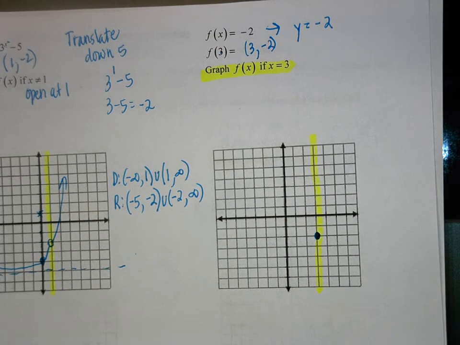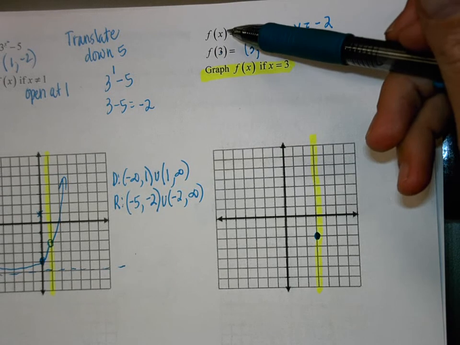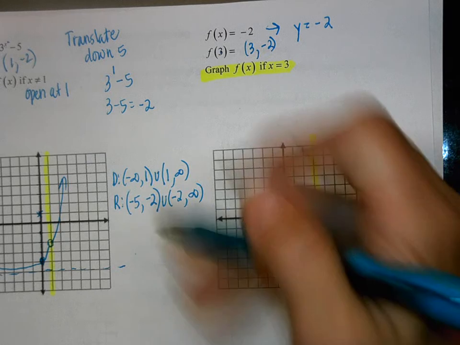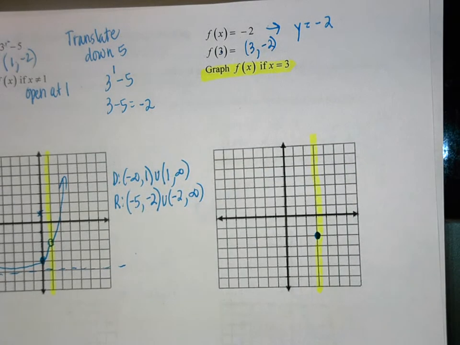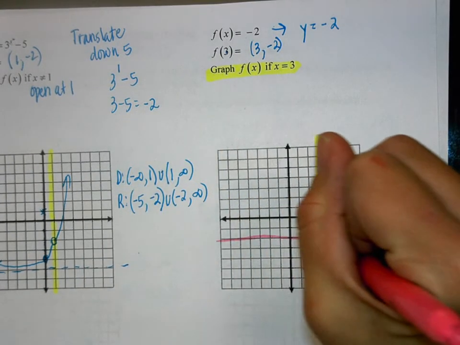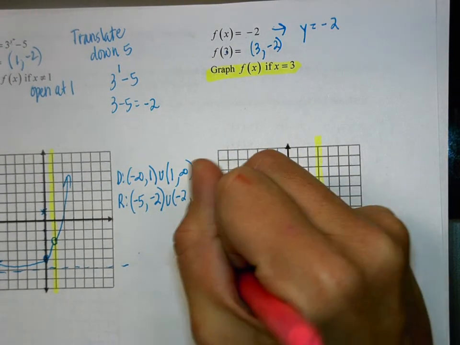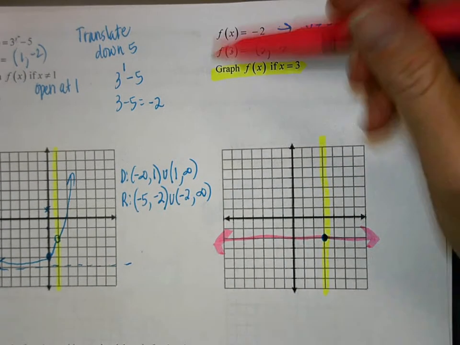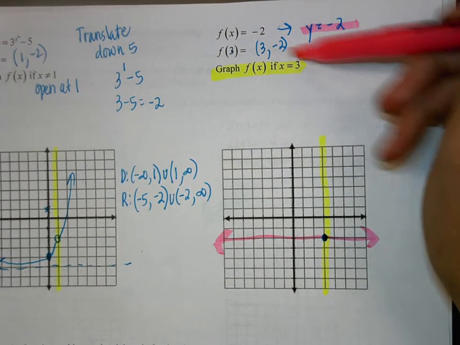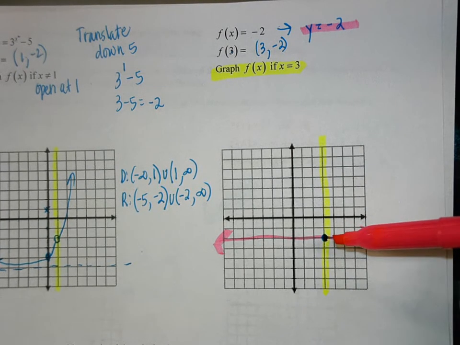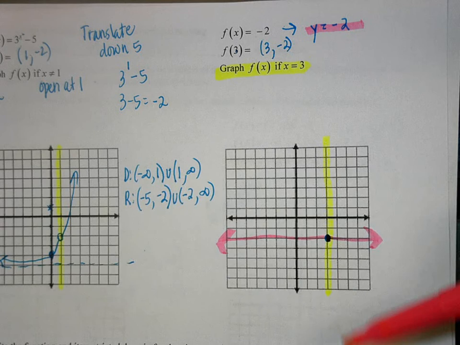If you were to draw this line y equals -2, just so you know, I'm just going to highlight this in a different color because this isn't actually part of the graph, but this would be your line right here. But because they're saying that it's only where x equals 3, you can only plot the point at x equals 3. There's only one actual point you're plotting because it can only equal there. Does that make more sense? Awesome.